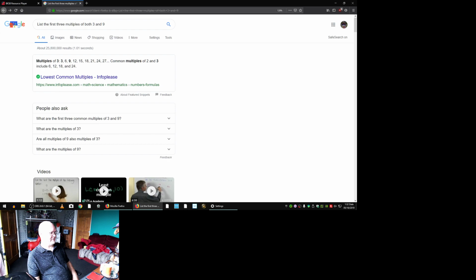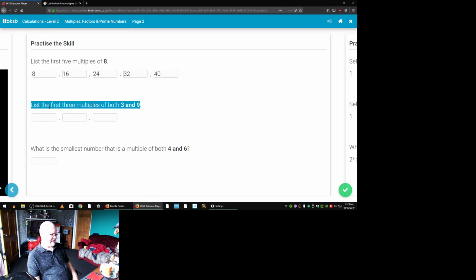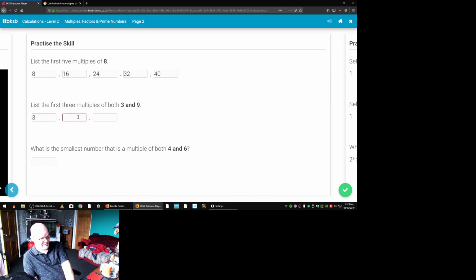It's not asking for the lowest. It's just literally saying list the first 3 multiples of both 3 and 9. Well, the first multiple of 3 is 3. The second is 6. And the third is 9. And that will be 9, 18. It doesn't make any sense.